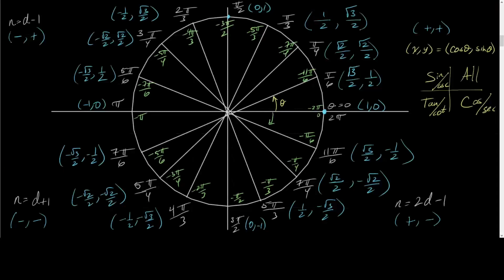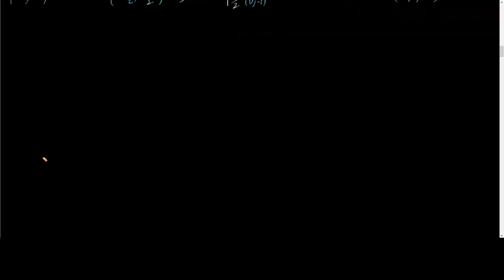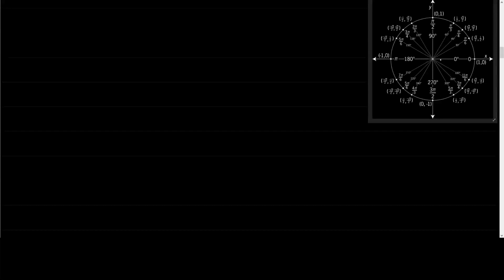All right, so let's get some practice on some examples. So let's see. Now, I do want to be able to reference the unit circle. So there it is. We're going to be able to still look at the unit circle there. All right. Now, let's get some examples in right now.